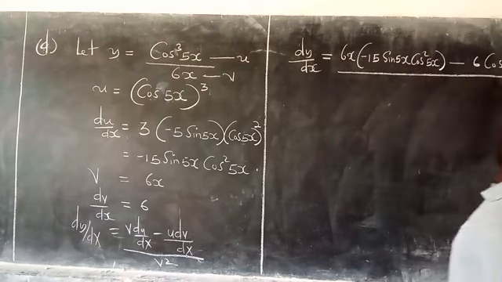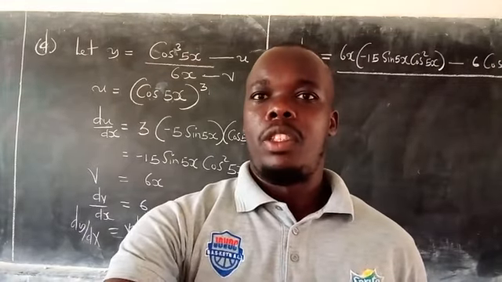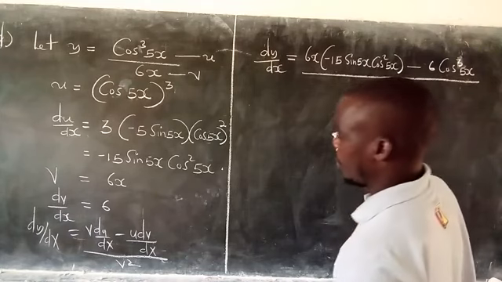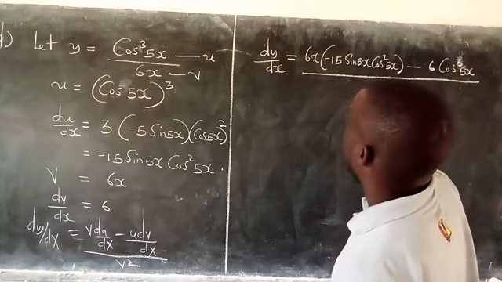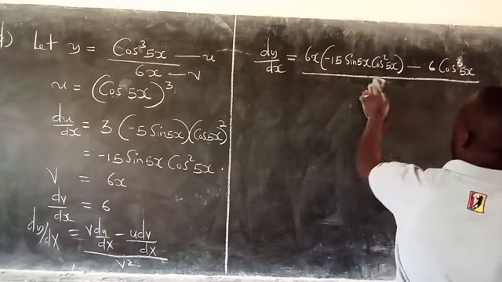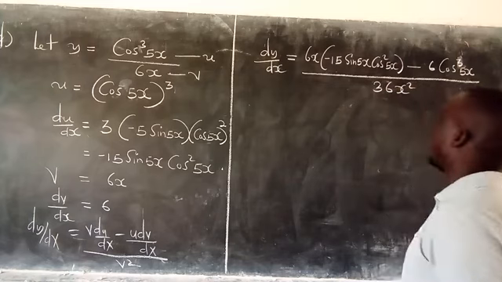All this divided by v squared. V squared is supposed to be 6x squared, which comes to 36x squared. So this will be 36x squared.